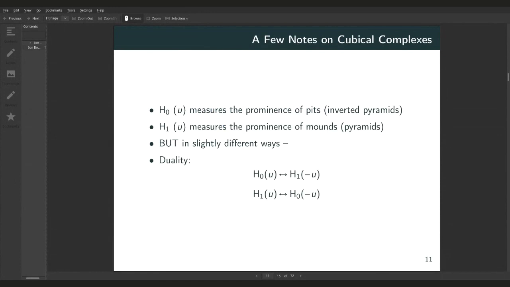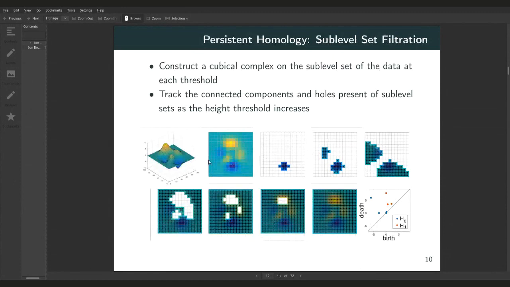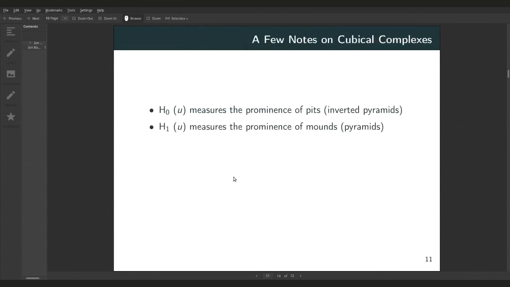We're using a cubical complex, not a simplicial complex. And so we have to be careful about connectivity to neighbors. So when we're building our cubical complex, we're connecting 4 neighbors. And that ends up being important because it means that the H1 and H0 are measuring slightly different things.